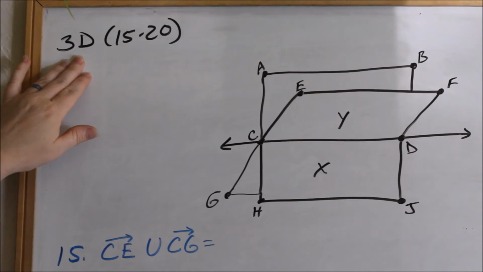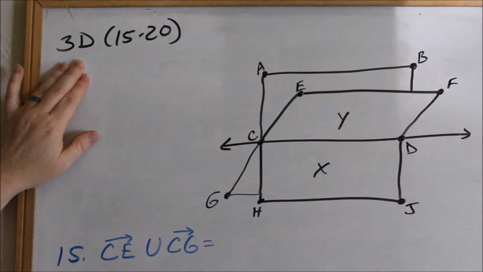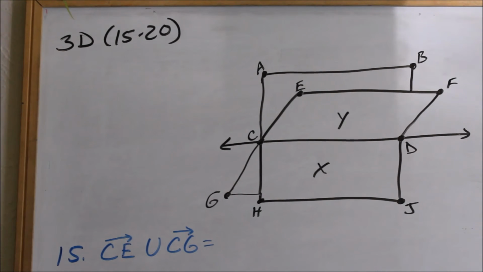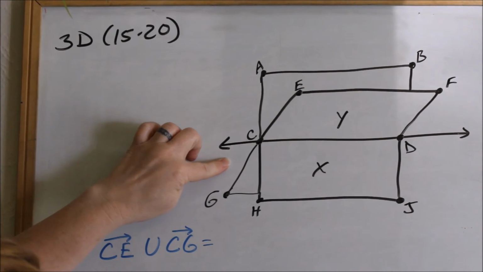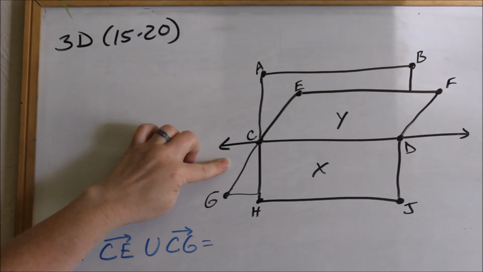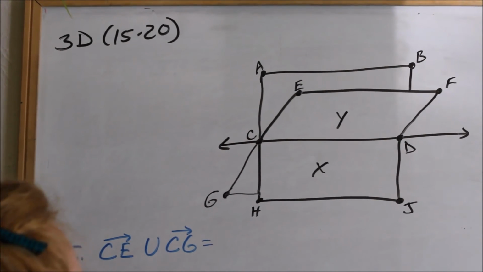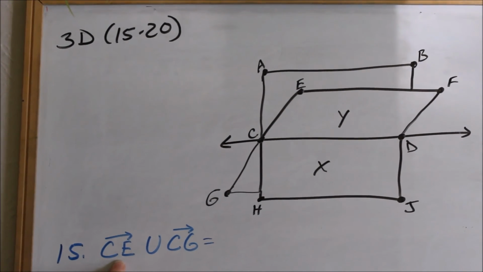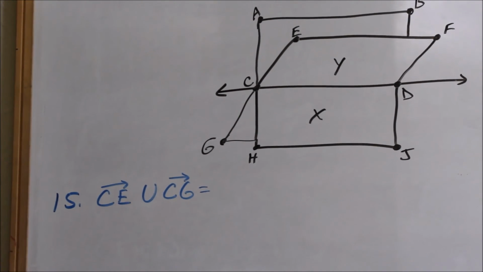Alright, we're on page 3D, even though this is part of lesson 2 and I'm doing some problems on lesson 3. This is just to help you out because these problems progress. You have this figure right here, and in the given it says plane X and Y intersect at line CD. Two planes intersect to make a line. So number 15, we have union of ray CE and ray CG.